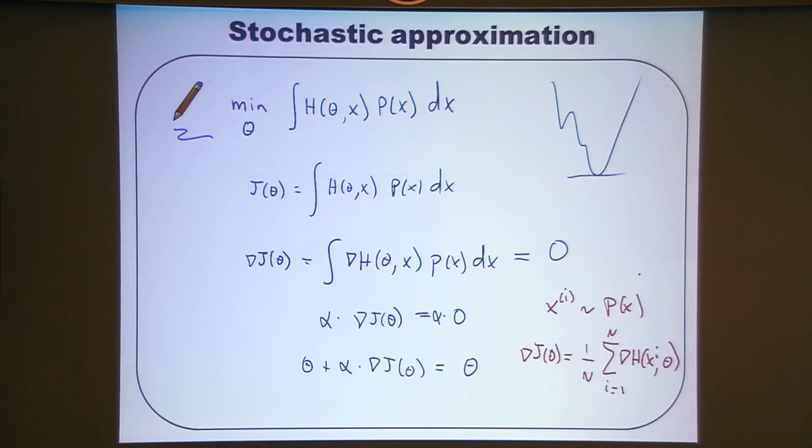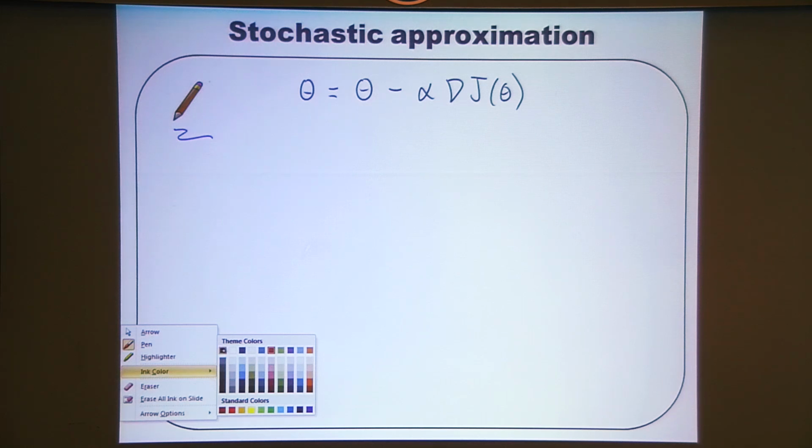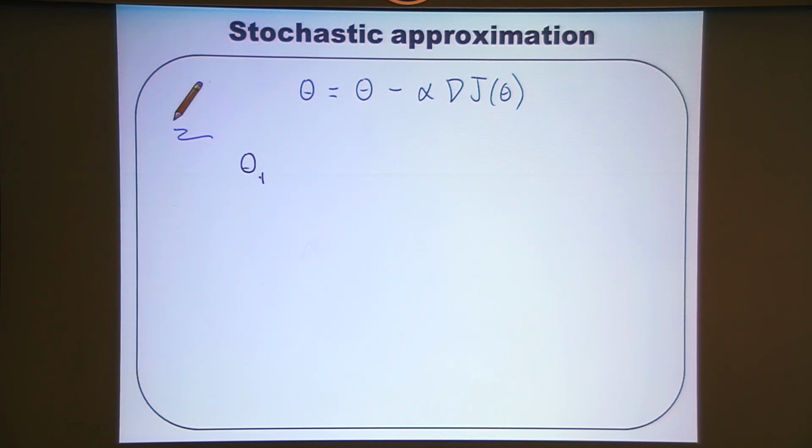Okay, so we can approximate it that way. And so what I can do now is I can discretize this equation. The way I'll discretize it, I'm going to call this theta t plus 1. This is going to be theta t minus alpha, and then I will have here 1 over n, sum from i equal 1 to n, grad j of theta, x, maybe from x_t minus n.